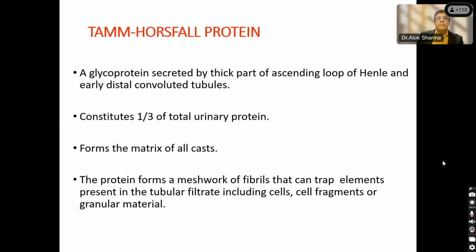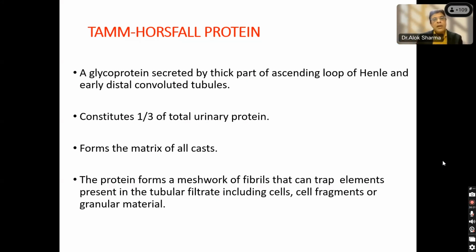Now, you must all have heard about this Tamm protein. It forms the matrix of most of the casts. Please pay attention to the spelling: it is not Horse as in horse, it is Horsfall. Tamm-Horsfall protein is basically a glycoprotein secreted by the thick part of the ascending loop of Henle and also by the early distal convoluted tubules.